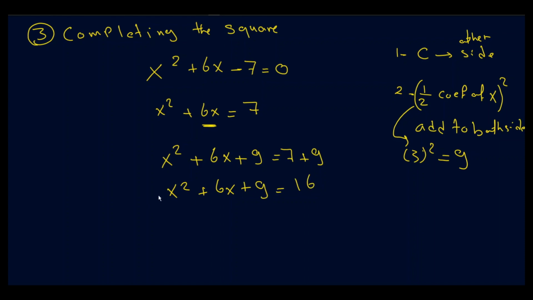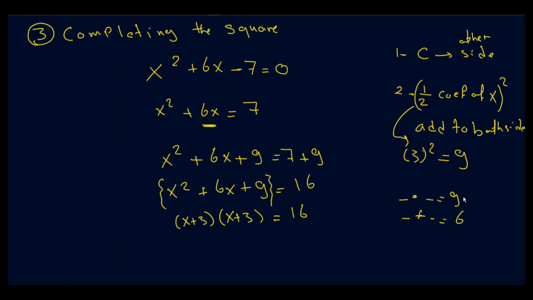Okay, we're gonna factor this part only, this left hand side of the equation. Then what we're gonna have? We're gonna have x plus 3 multiplied by x plus 3 is equal to 16. If you are wondering how did we factor this, we need two numbers whose multiplication is 9 and whose addition is 6.